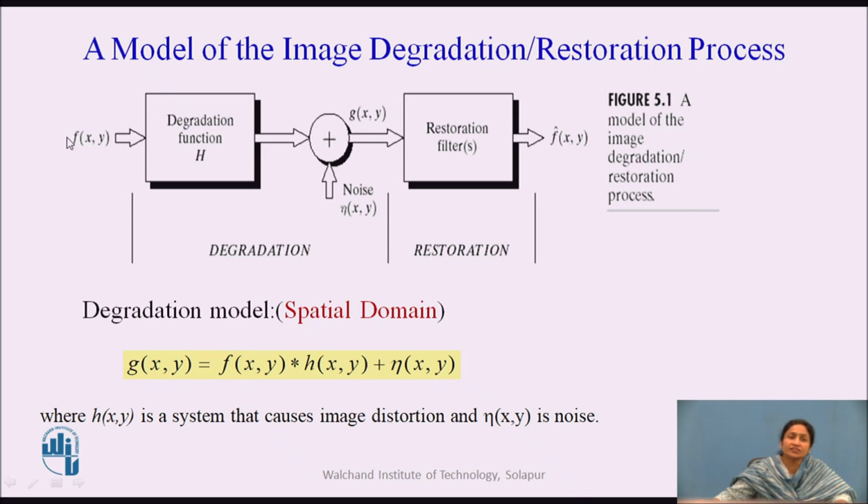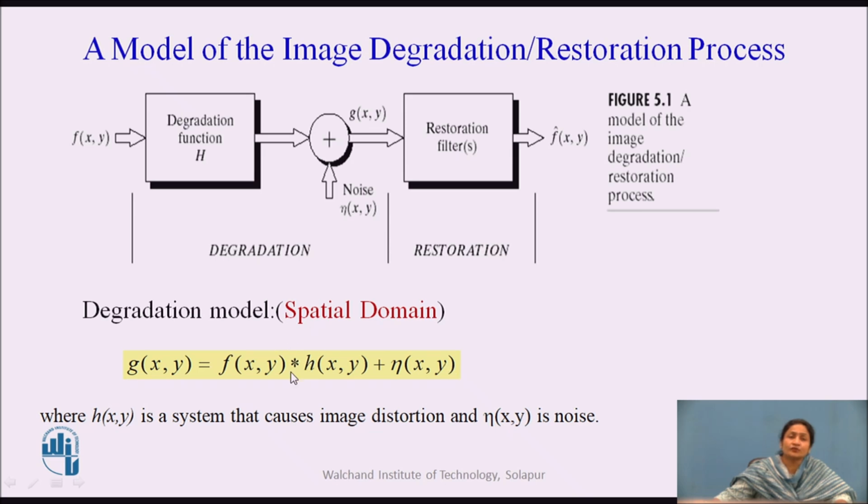Here the original image is f of x comma y, and the degradation function is convolved with the original image to get the degraded image, and noise is added as well. This process is known as degradation. After degradation, the restoration is done by using filter operations.